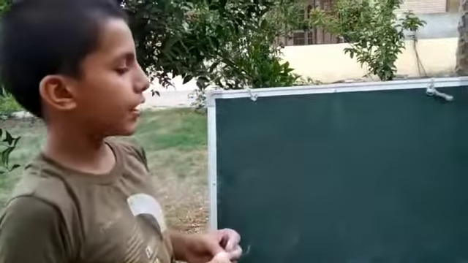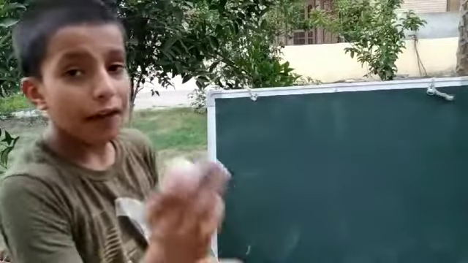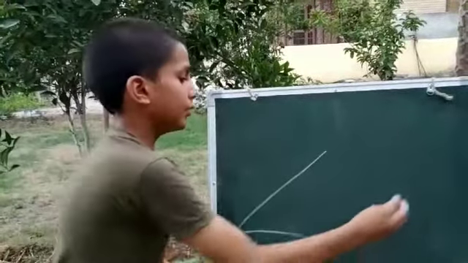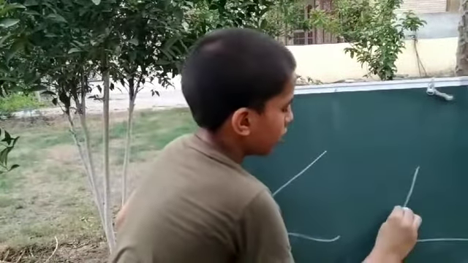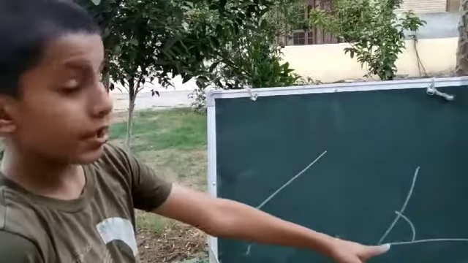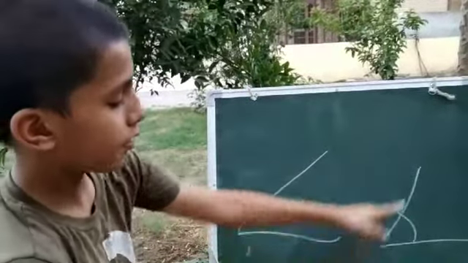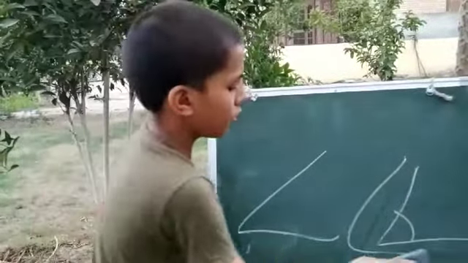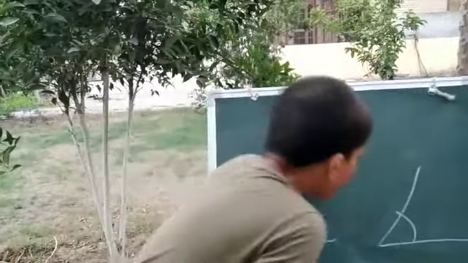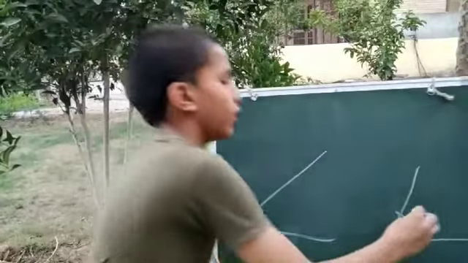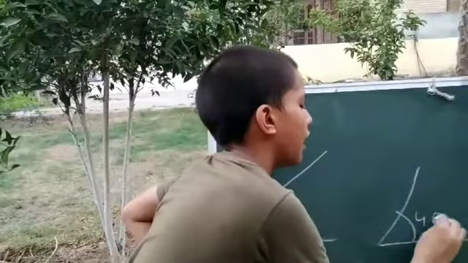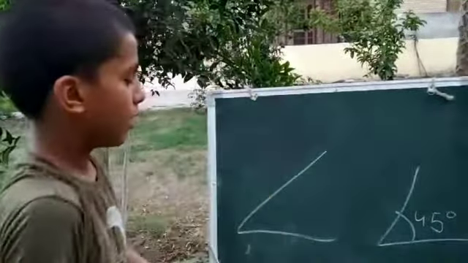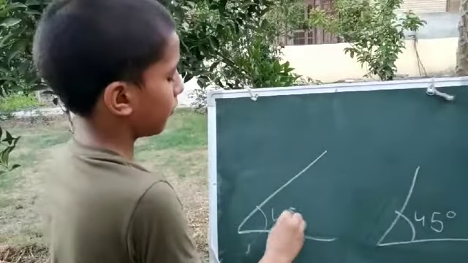So complementary angles are when we have two angles like this and like this, and this one is 45 and this is also 45.